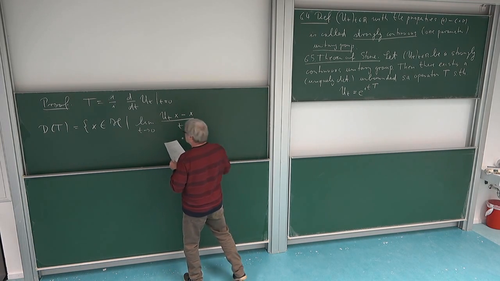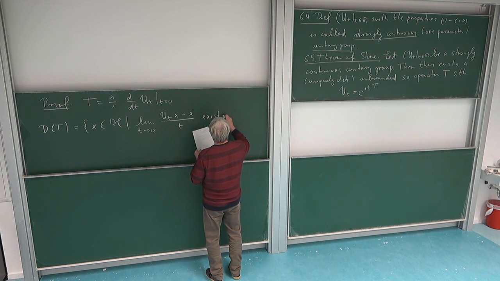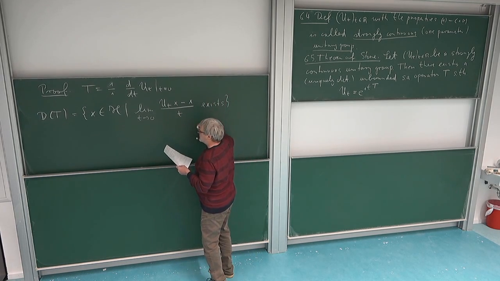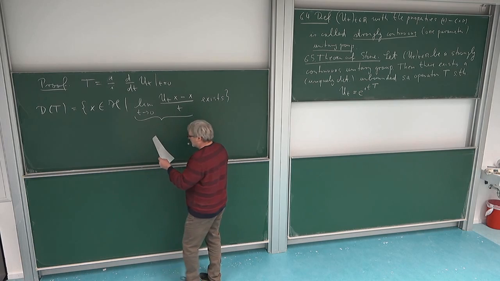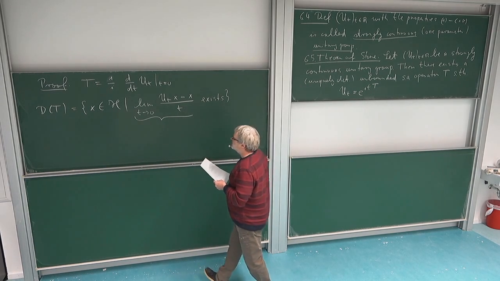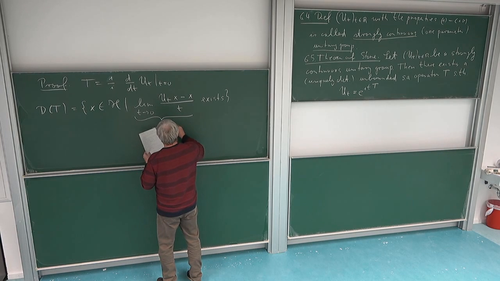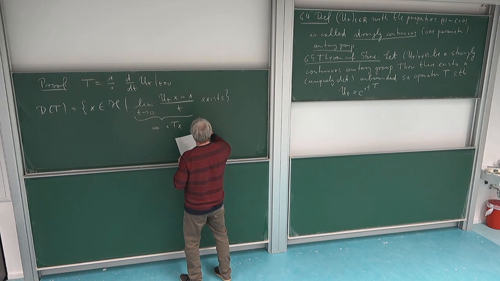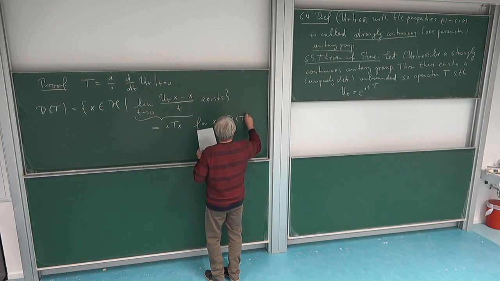This limit should exist as a limit in my Hilbert space, of course. If this exists, then this limit is what I am going to call iTx. So this is by definition i times Tx for those x in the domain for which this limit exists.